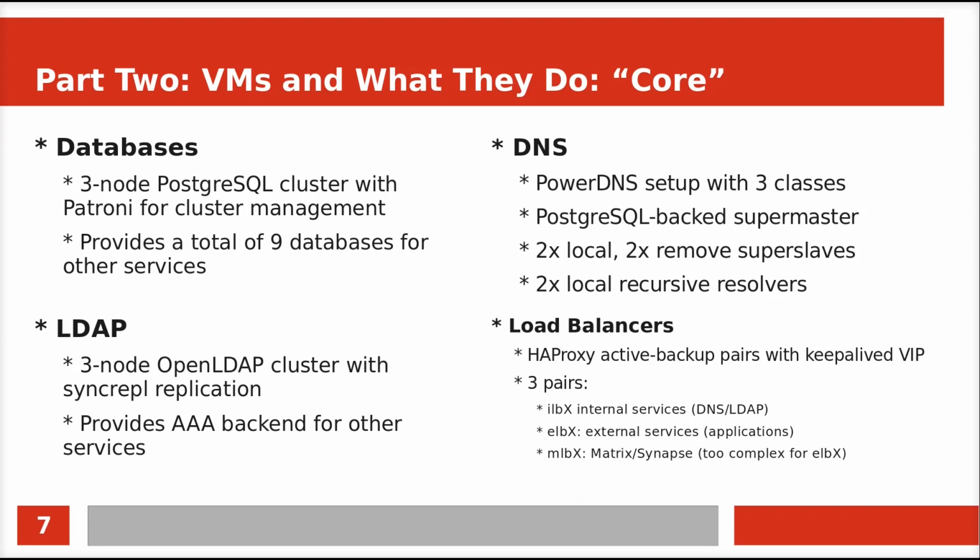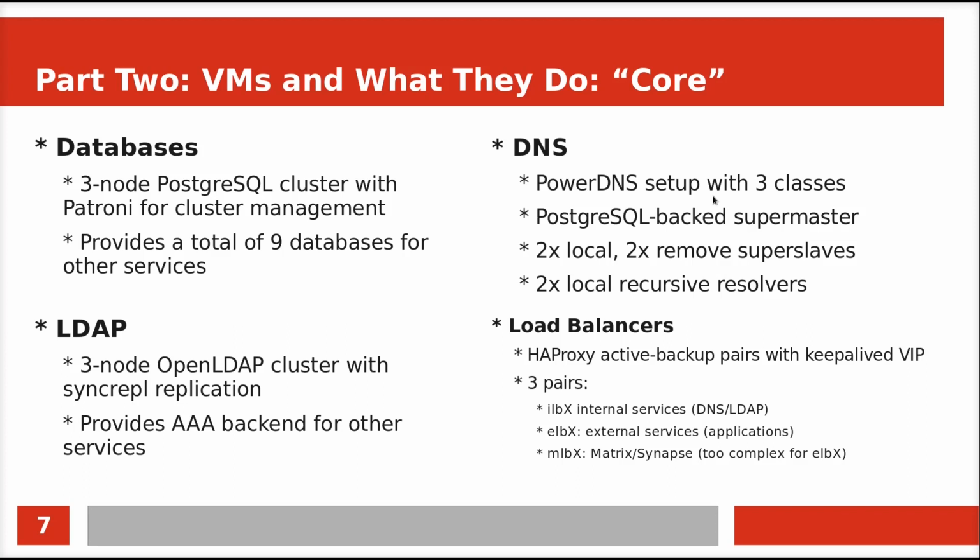Then off of that supermaster, I have a set of superslaves. The typo is that there's actually supposed to be 2 local and 3 remote superslaves, not 2 remove. Copy paste fail there, I guess. The 2 local are 2 VMs in my own instance, and the 3 remotes are out in DigitalOcean. You'll see those 3 DigitalOcean VMs come up a couple times later on. They have several functions.